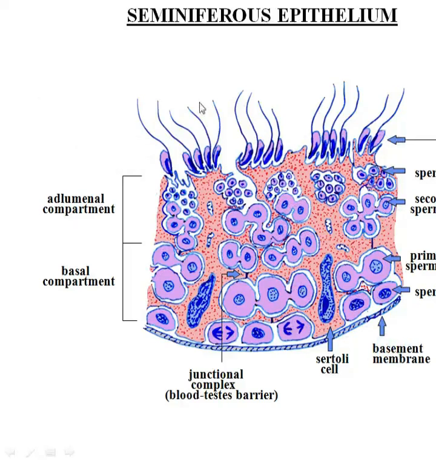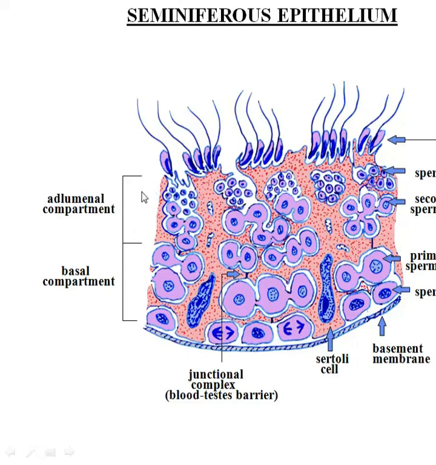Now see here, they have shown how sperm synthesis takes place. That is the seminiferous epithelium they have shown, and this is the basement membrane. Over the basement membrane there is a layer of spermatogonia, and in between these spermatogonia, all embedded in the matrix here, which is full of blood supply.